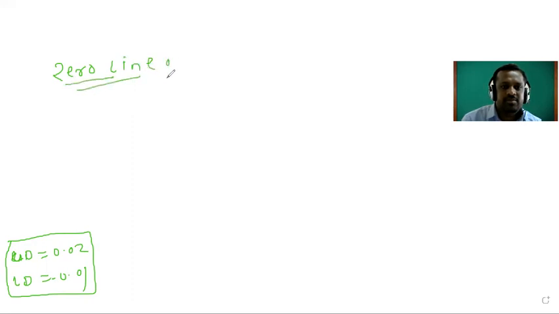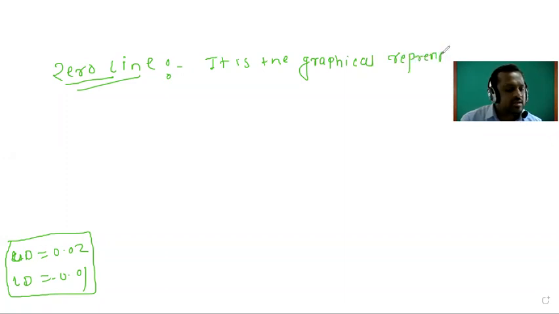Zero line. And what is meant by the zero line? The zero line is nothing but the graphical representation of the basic size.